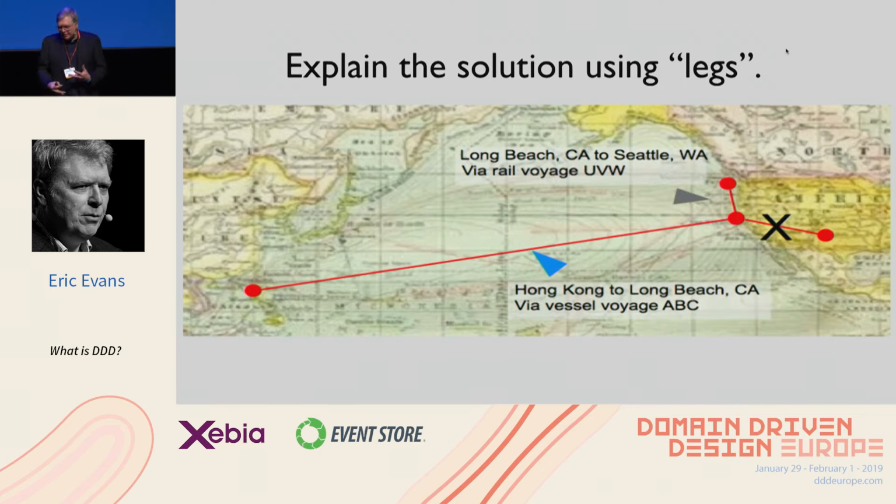We need to do something to get rid of the legs. I mean, basically, this ship is going to go to Long Beach, California. And then is our next chance to change anything. Our cargo will be unloaded in Long Beach, and we could put it on something else. We don't want to put it on the leg that goes to Dallas. So we want to cancel that leg and replace it with something else.